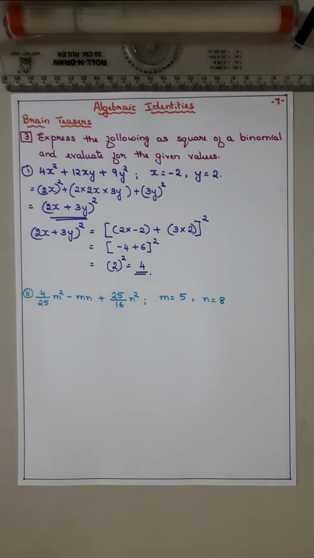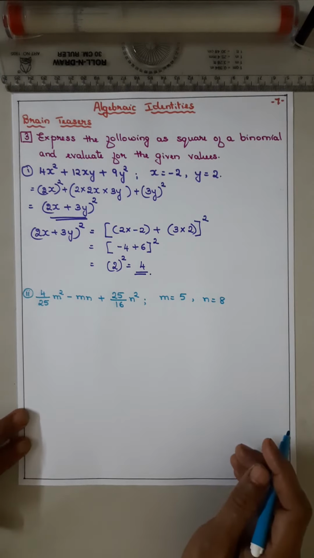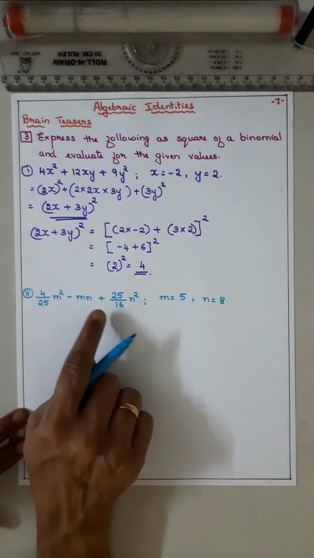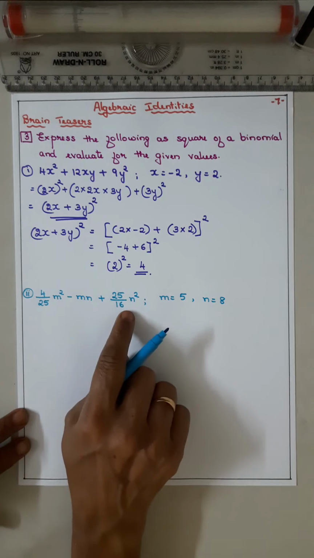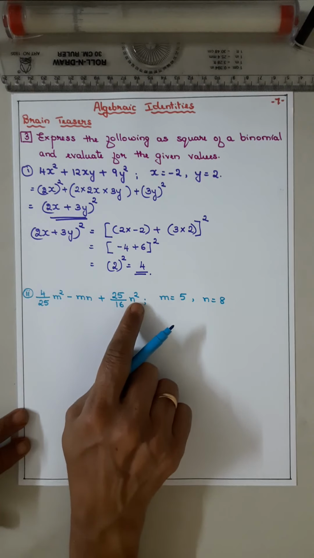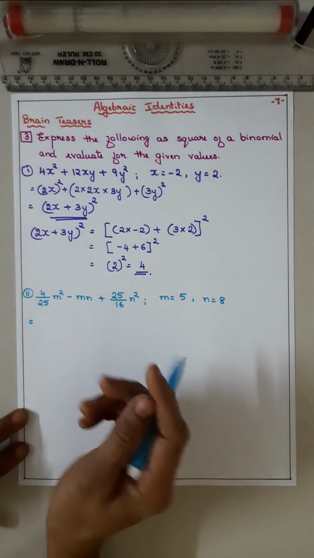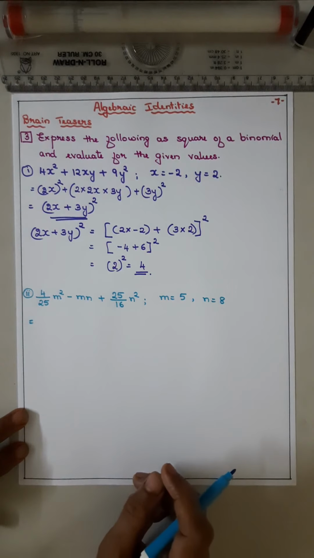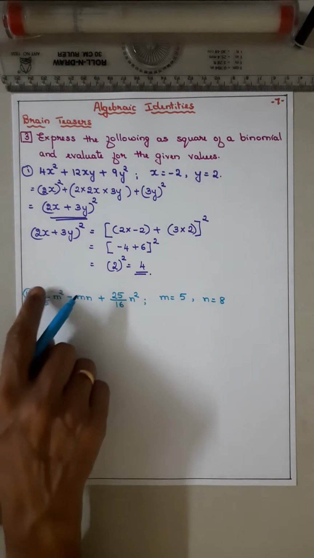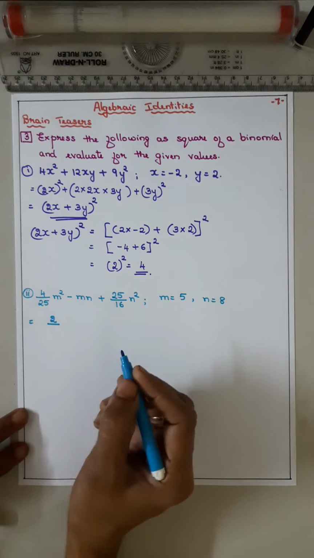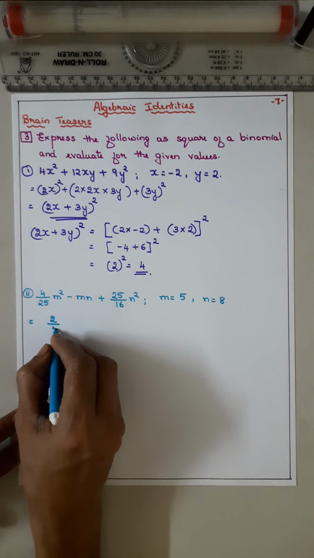Okay. Now coming to the second question: 4 by 25 m squared minus mn plus 25 by 16 n squared. So this you can write as first and last terms. See whether they can be written as squares. Yes. 4 किसका square है? 2. 25 किसका square है? 5.